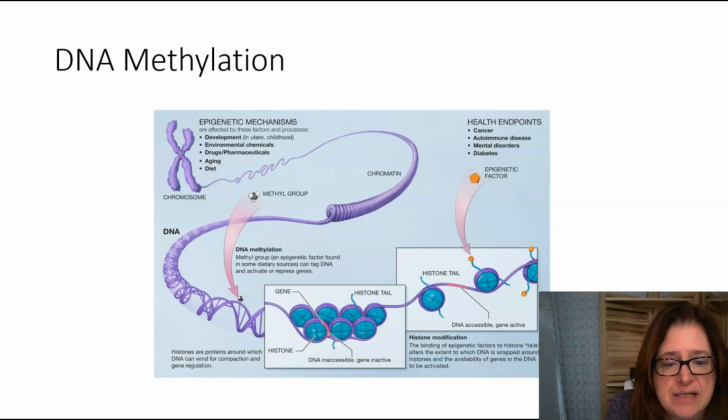DNA methylation is an epigenetic change. So remember, epigenetics are things that occur to affect the expression of our genes from environmental, developmental, pharmacological, age, diet, what have you. So these are things that are occurring from outside the cell that change how DNA is expressed. Okay?